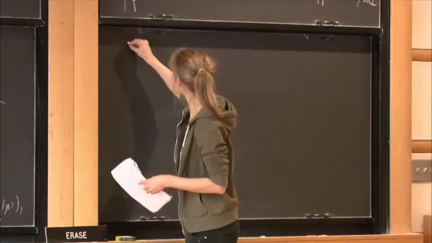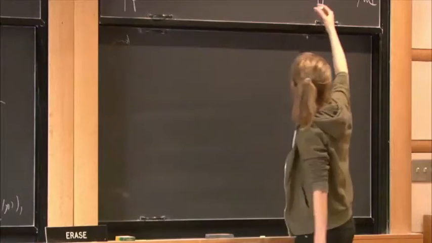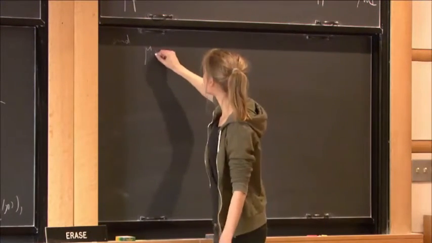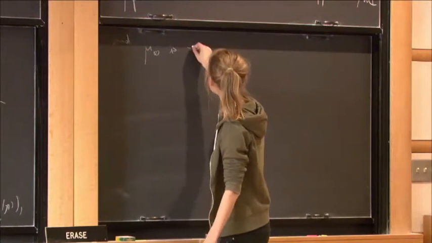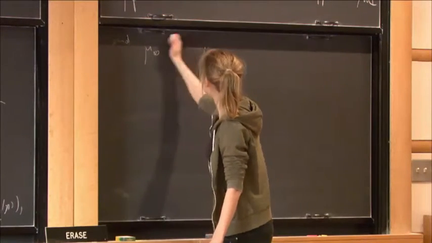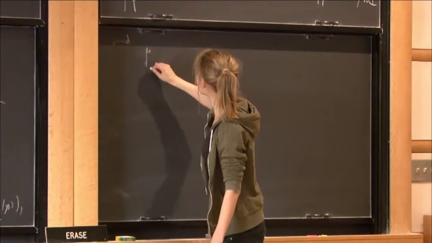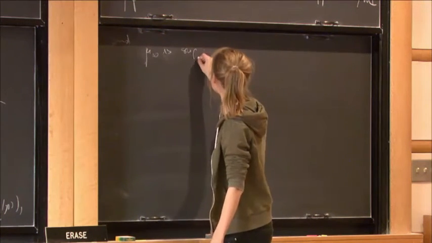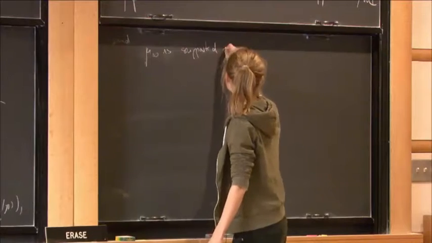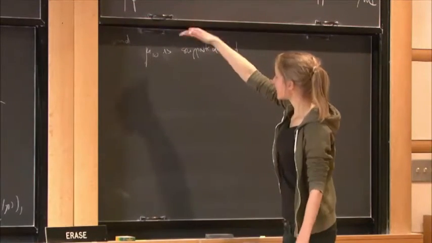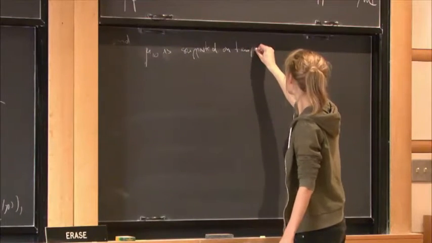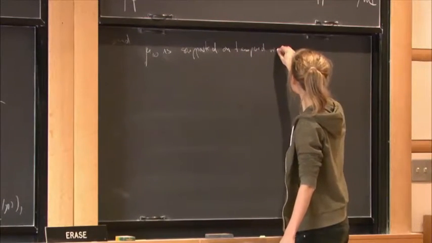And these measures are actually supported on much smaller sets. So mu_infinity and mu_p are both only supported on the tempered representations.